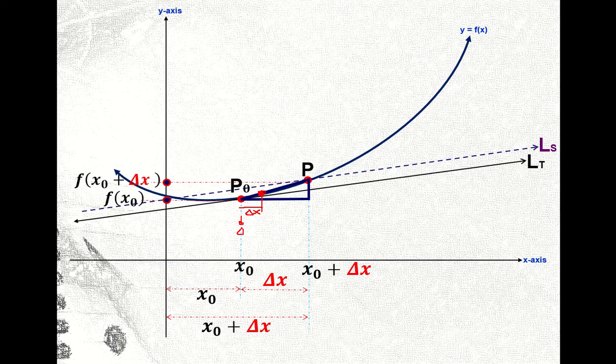It means there's no increment from the original value x sub 0. So as this point moves closer to P sub 0, our delta x is approaching 0.